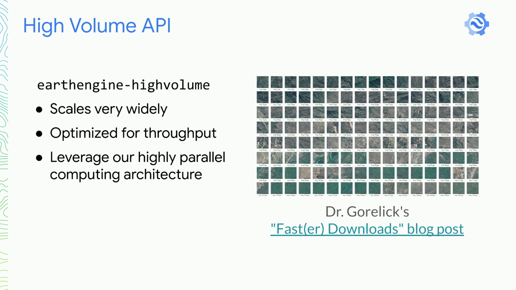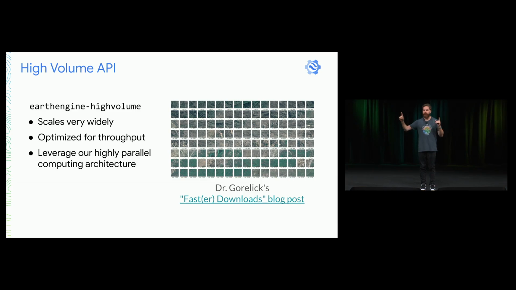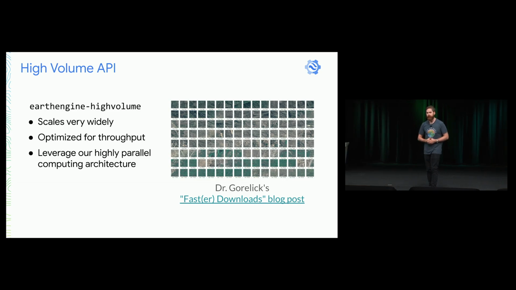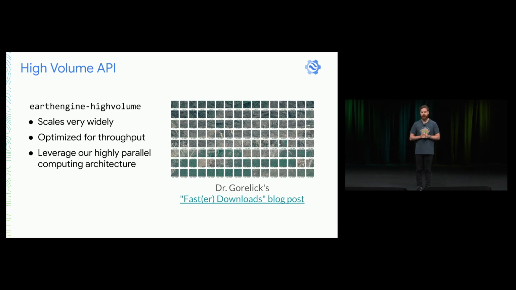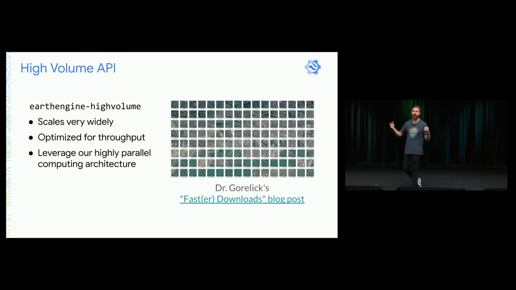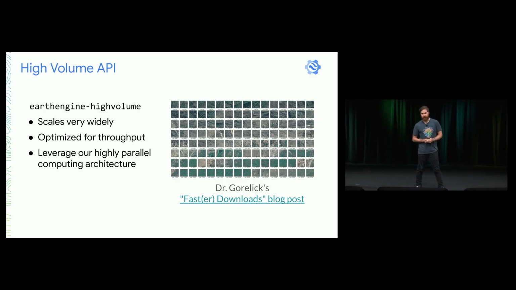If I'm building a utility that a human is not driving, but a machine is driving, or a pipeline is driving, or a process, or a service account, a robot account, those configurations are really where you should be using the high volume API. So the high volume API is designed for that interactive set of requests, but it's not optimized for latency. It's optimized for throughput. And so if you want to move a lot of pixels, a lot of information out of Earth Engine in a really scalable way, this is a tool you can use.